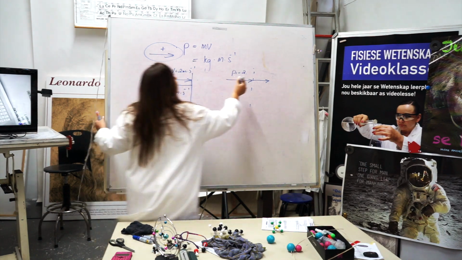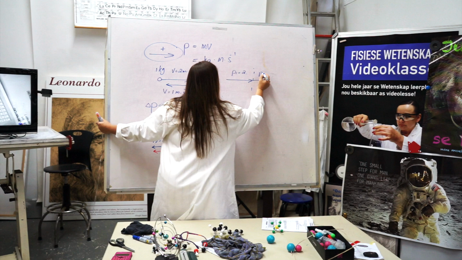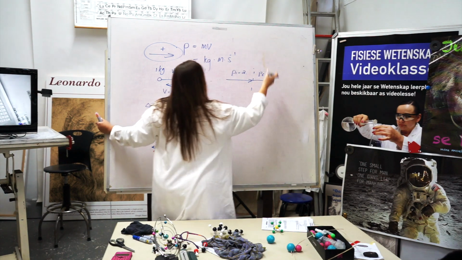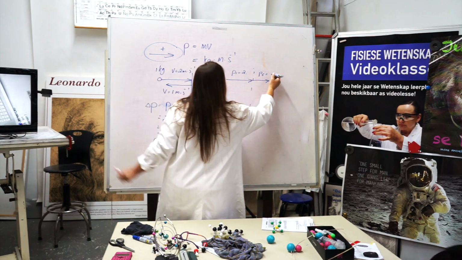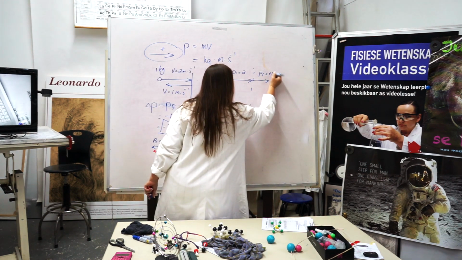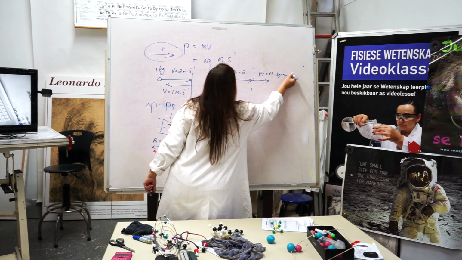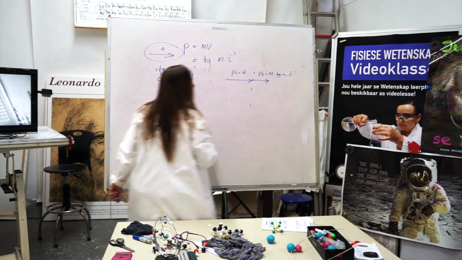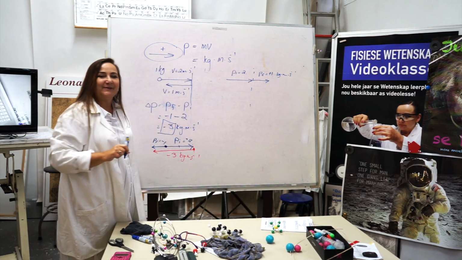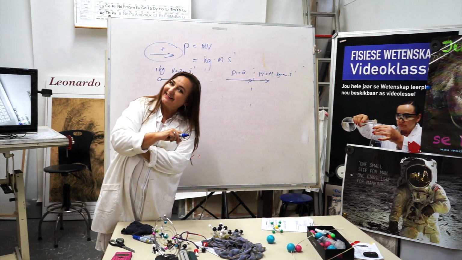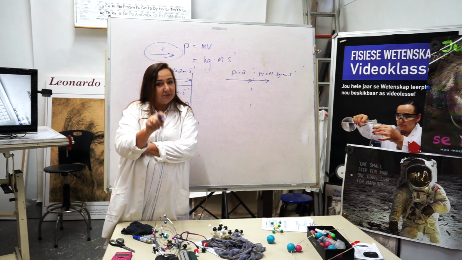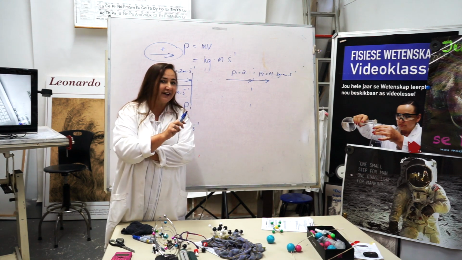So the final momentum would be 1 kilogram times 1 meter per second, so it's +1 kilogram meters per second, but in the same direction. Now, can you show this as a vector diagram? Show the change in momentum as a vector diagram.